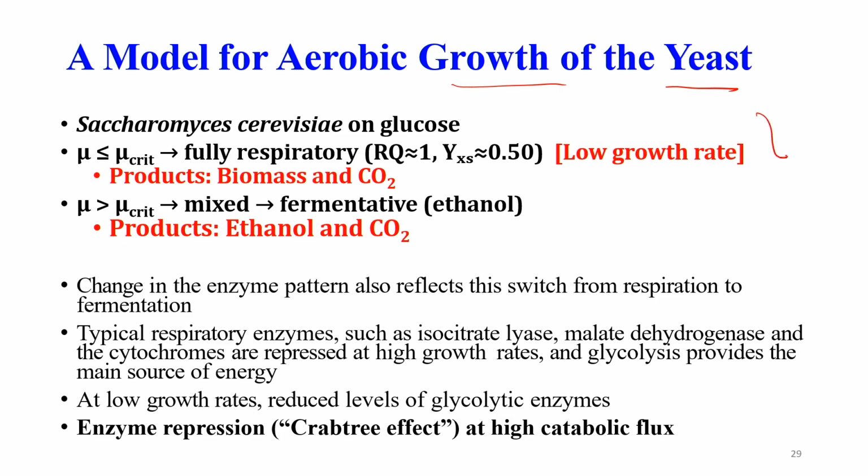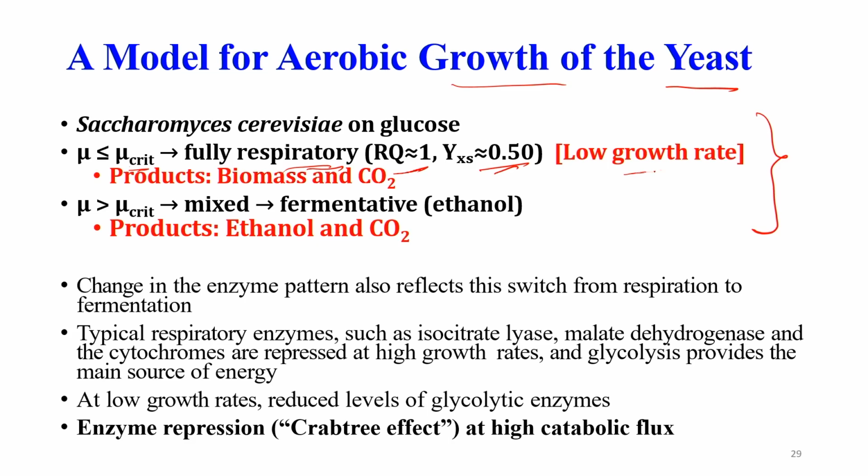So, if we just see this one, if mu is less than or equal to mu critical, then this becomes a fully respiratory process. In fact, RQ is very close to 1, Yx/S is 0.5.